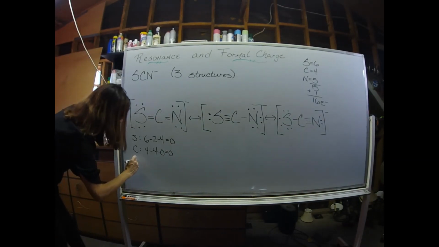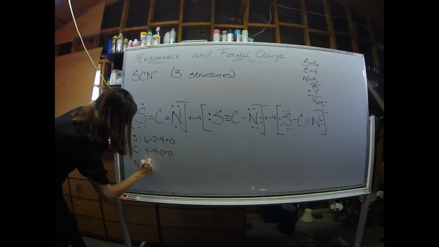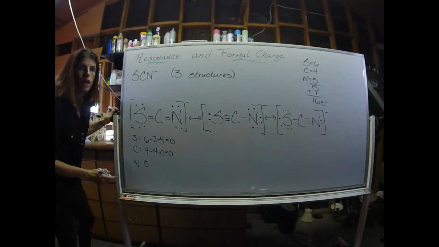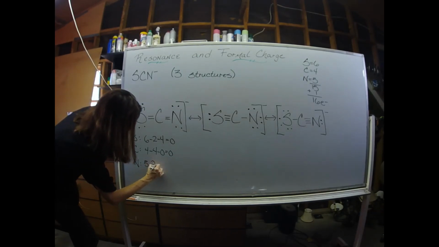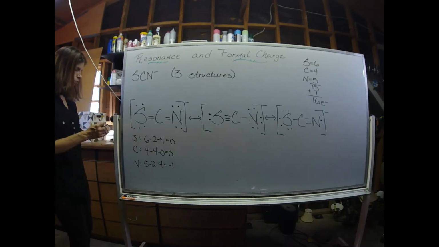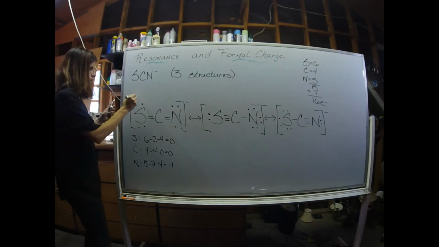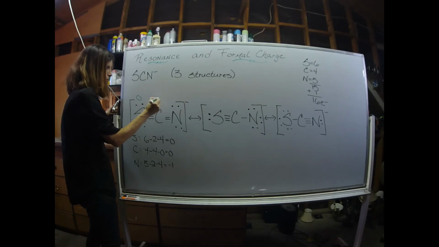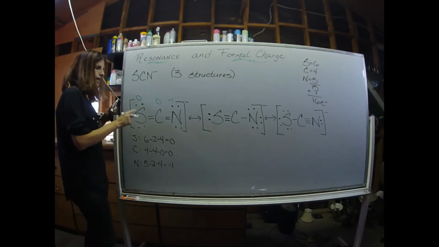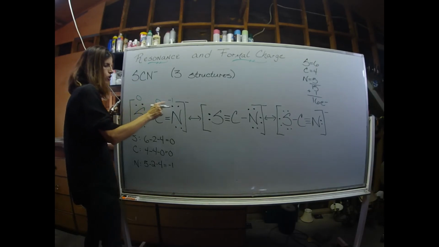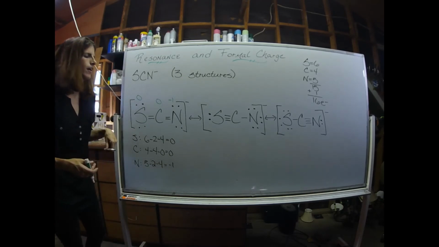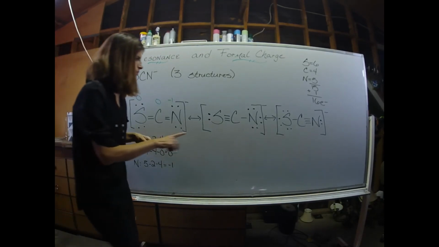Nitrogen, group 5, 2 lines and 4 dots. That's going to give us a -1. 0 on the sulfur, 0 on the carbon, -1 on the nitrogen. So that's exciting, we see that these formal charges add up to the overall charge, so the -1 on that ion.